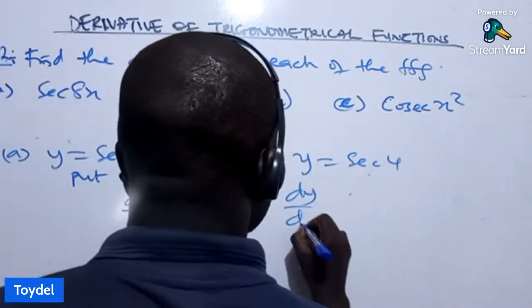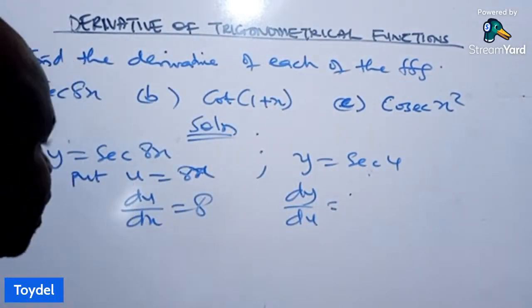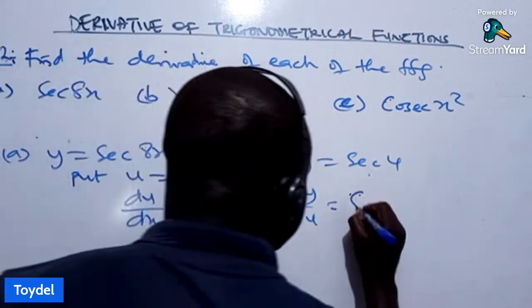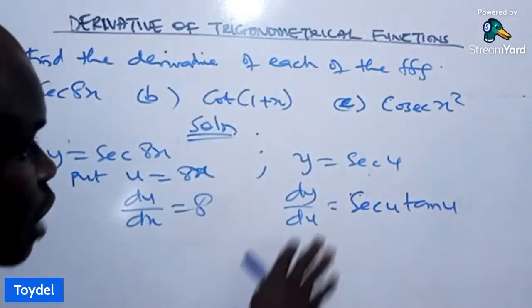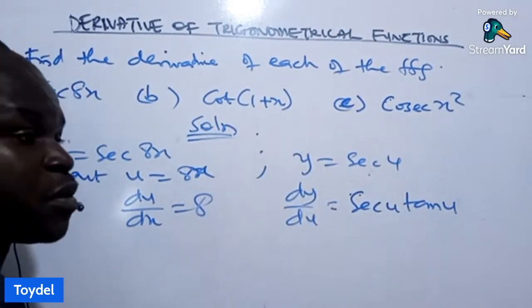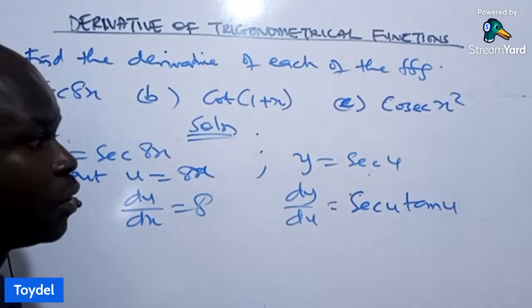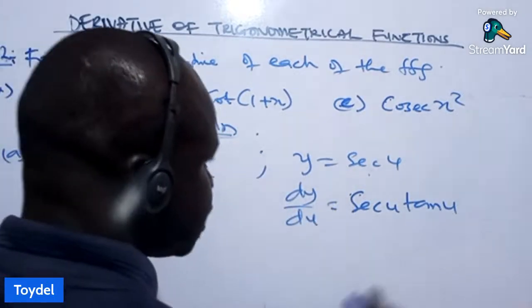What is dy du? If you check what we are given, when we differentiate sec, this is going to give us sec u tan u. As I've said earlier on, we can actually prove this. Sec is 1 over cosine. If I use differentiation from first principles, check my video on differentiation from first principles, when you follow the steps, you're going to get this.